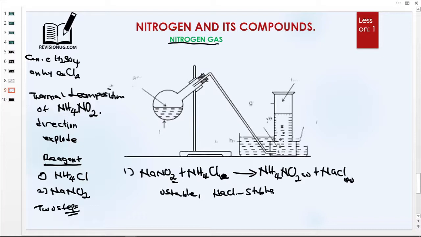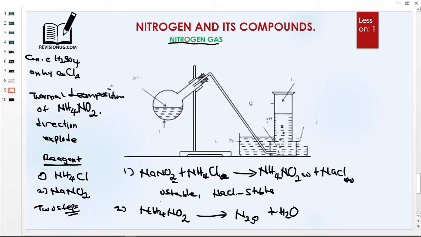On heating, the second step, this sodium chloride will not decompose, but this ammonium nitrite is now going to decompose. The reason we are using this is that the stable sodium chloride will prevent the ammonium nitrite from exploding, so it will just decompose slowly. So we have the second step, the decomposition of ammonium nitrite, which will decompose to give us nitrogen as a gas plus water.